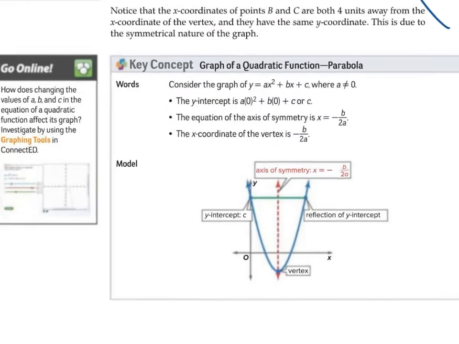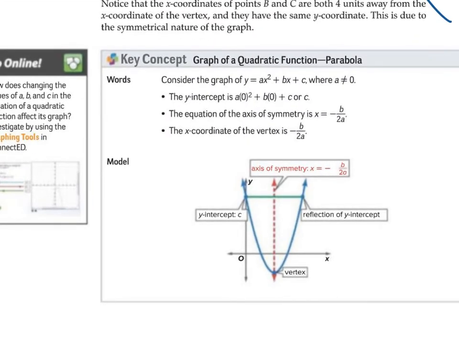So here are the general properties of a quadratic function that we would be able to find in every quadratic function graph. One, you have the line of symmetry, which is x = -b over 2a. Then every point on one side will have a twin brother, if you will, on the other side of the axis of symmetry.